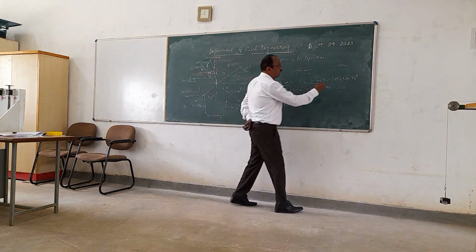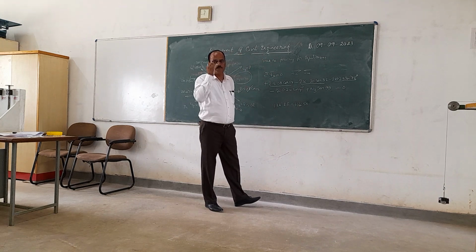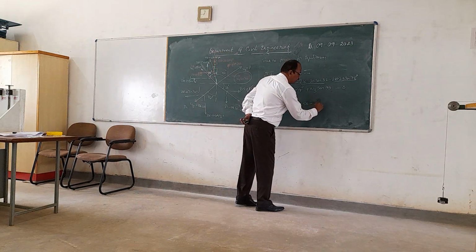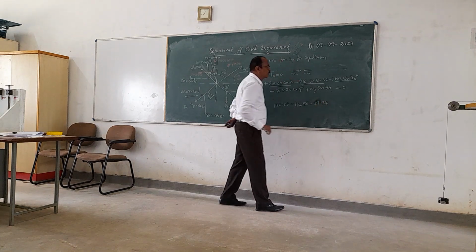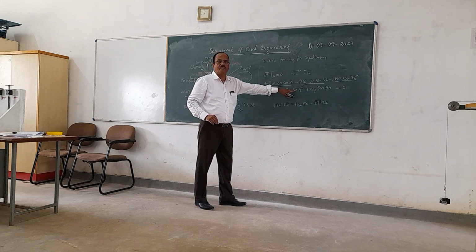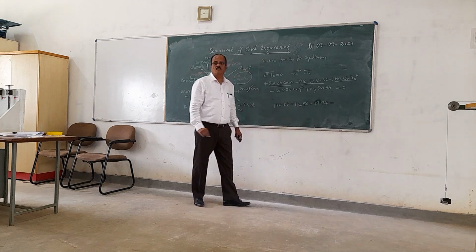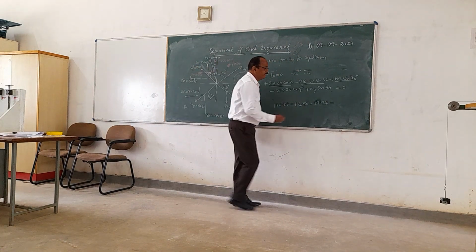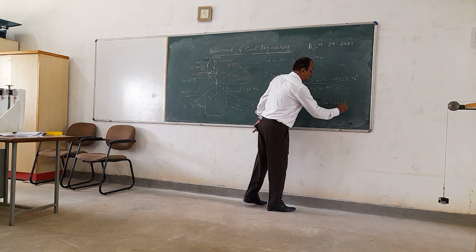Then 218.23 into sin 76 is 211.74. Then 210.24 into sin 4 degrees is 14.66, with minus.